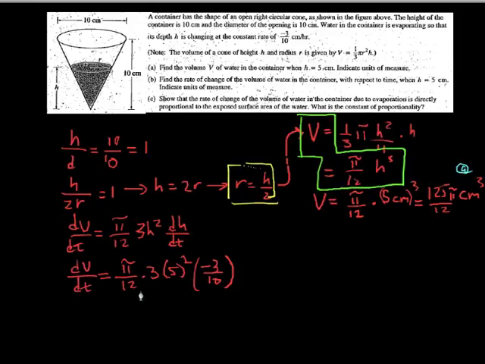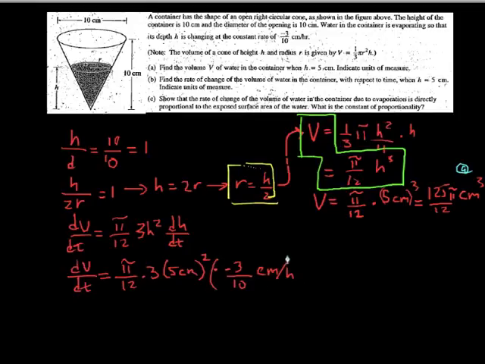Okay, for units, let's step back a little bit and go all the way back to here. What are our units? We have 5 centimeters, that's our height. We're squaring that times dh/dt. Our dh/dt is -3/10 centimeters per hour.